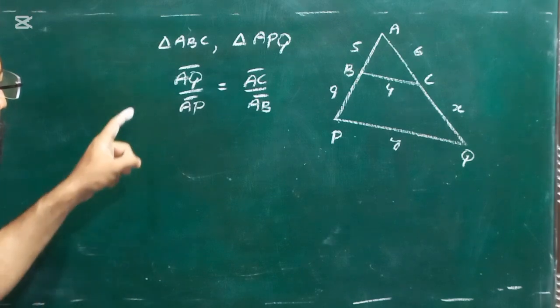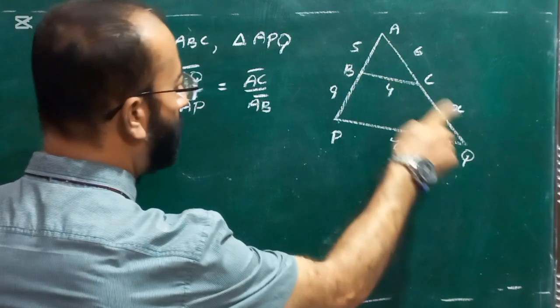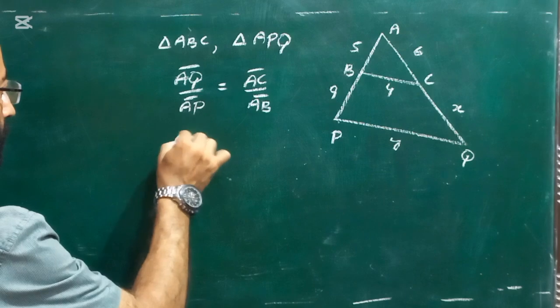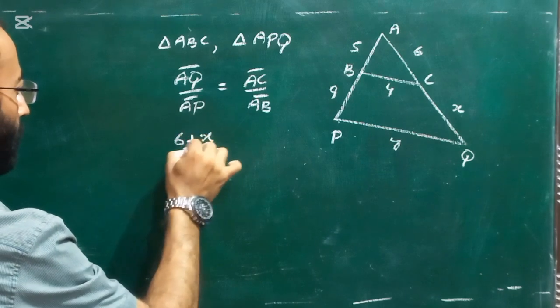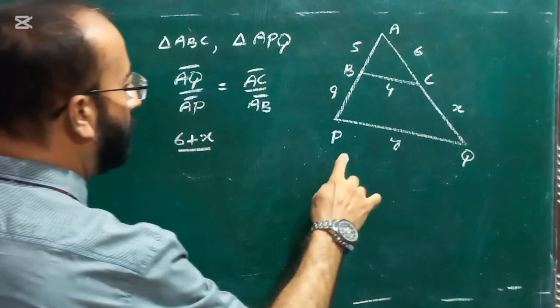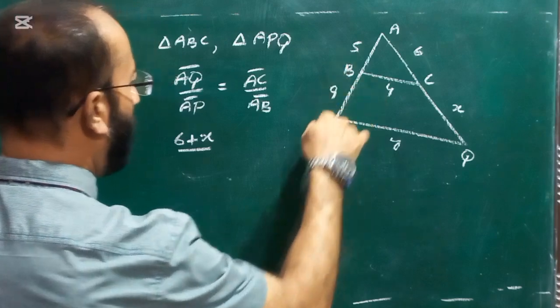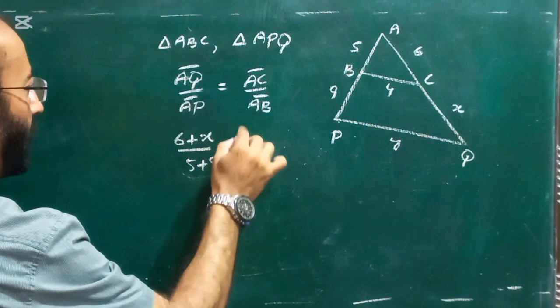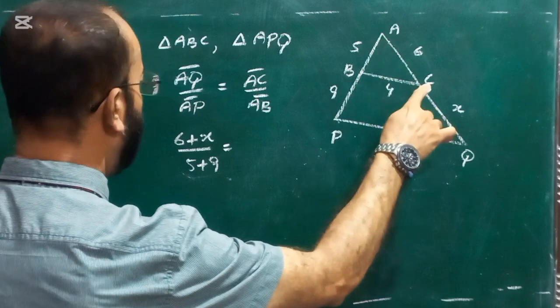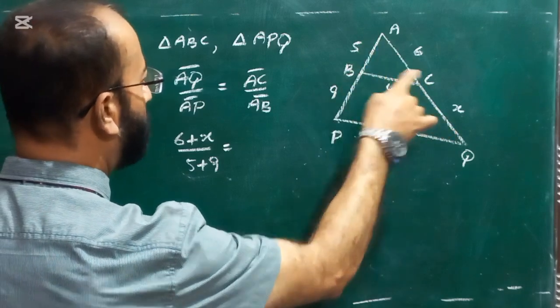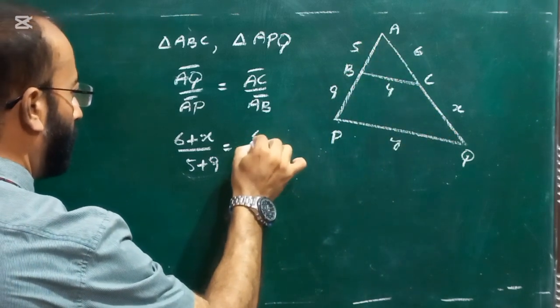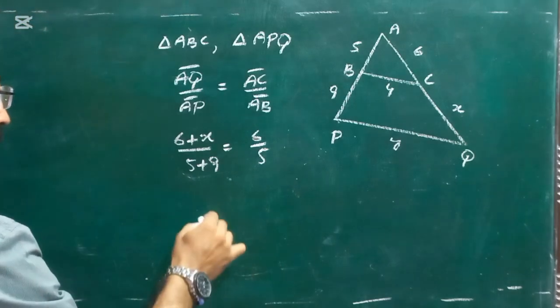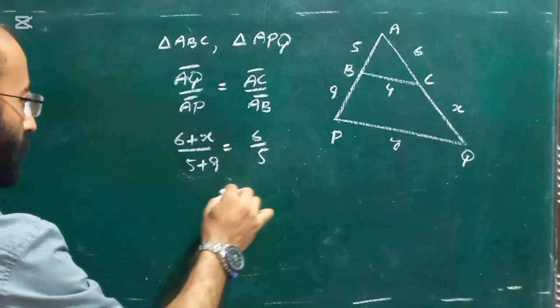So now we are going to put the values. AQ is equal to 6 plus X over AP, that is 5 plus 9. On the right side, AC is 6 and AB is 5. So 6 over 5. From here you will solve the values. 5 plus 9 is 14.